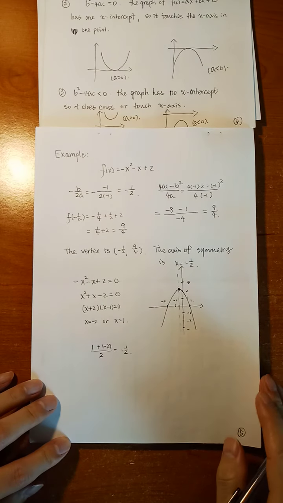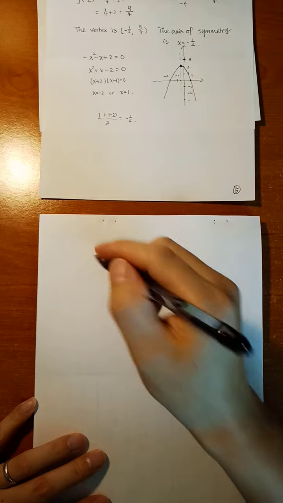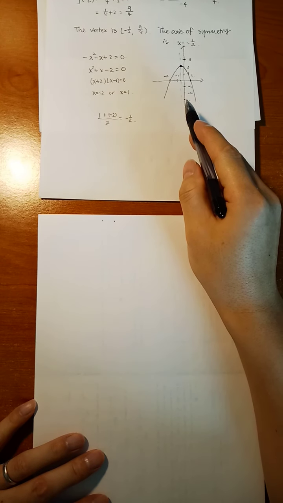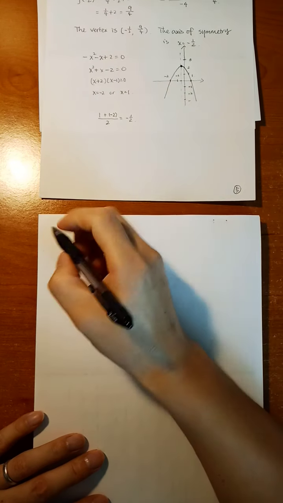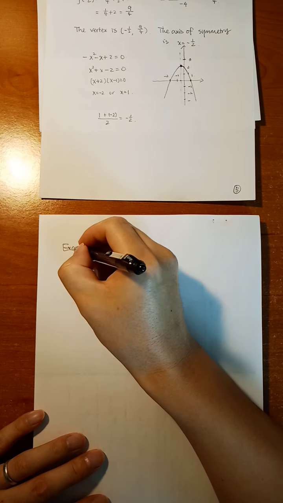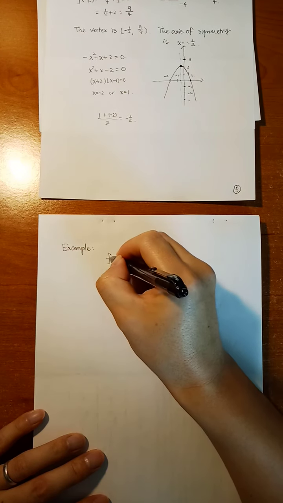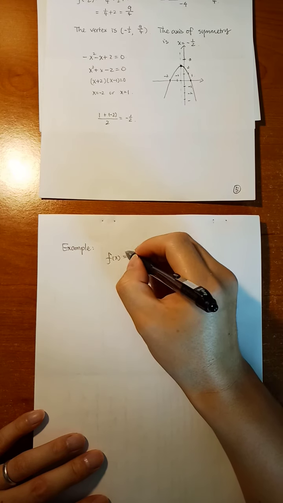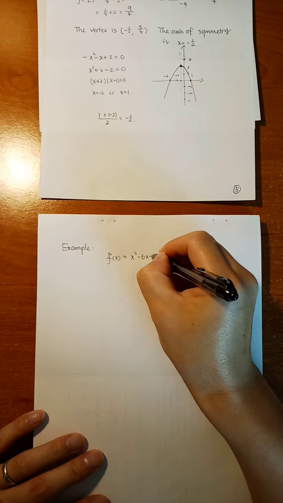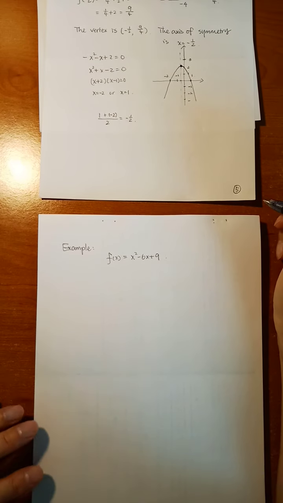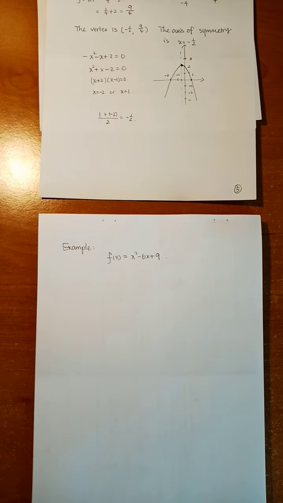Let's see other examples. In this example, you have two x-intercepts. Let's check if we have f(x) equal to x squared minus 6x plus 9.